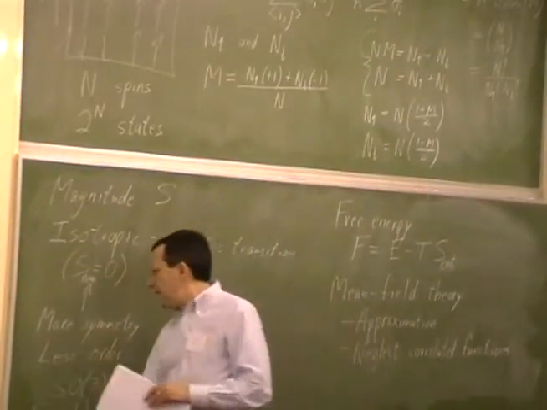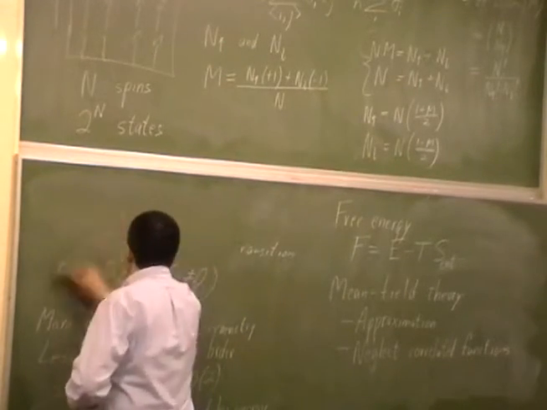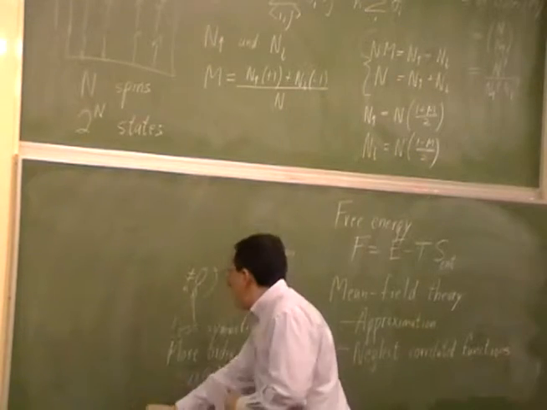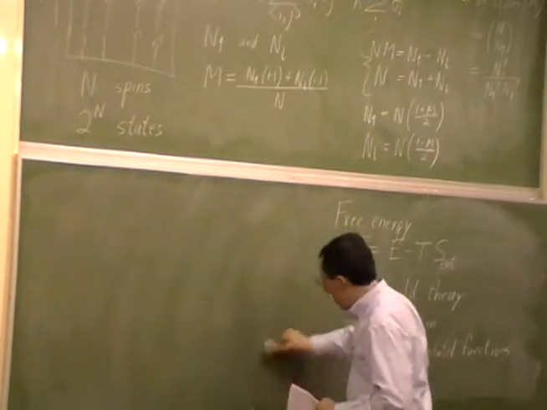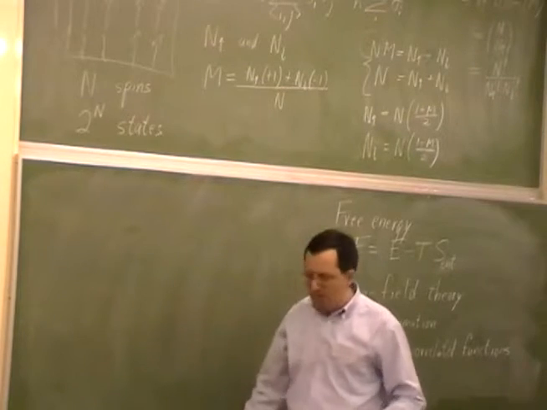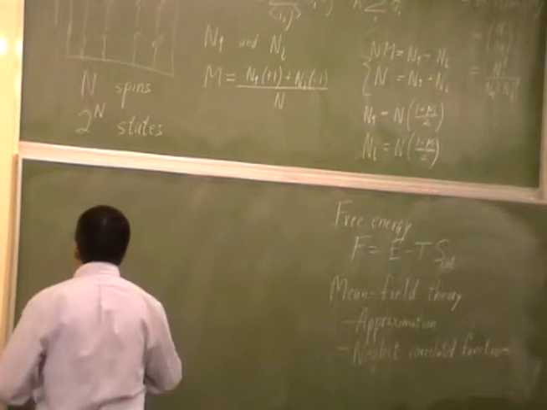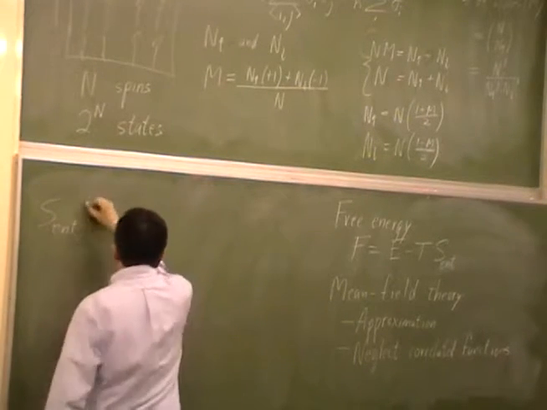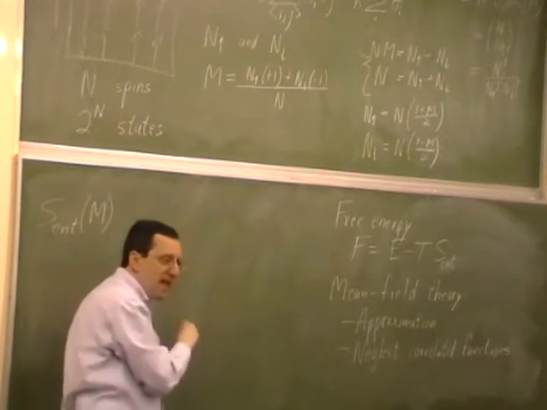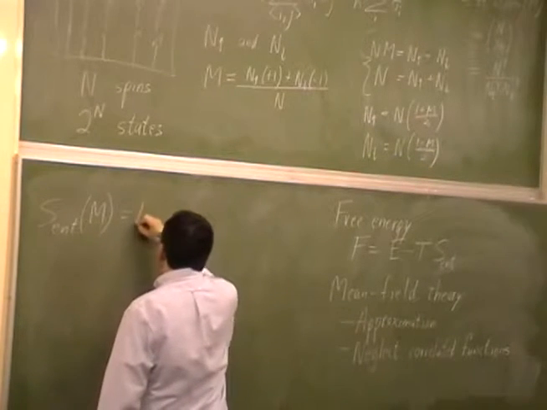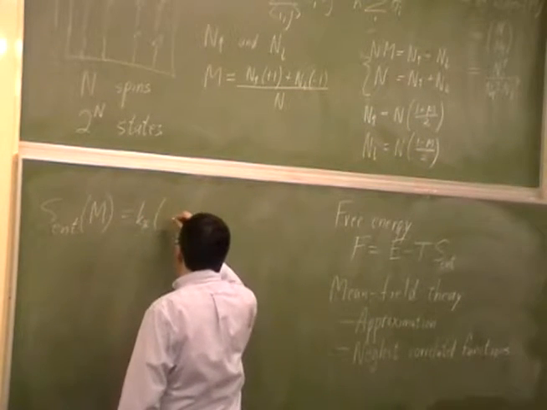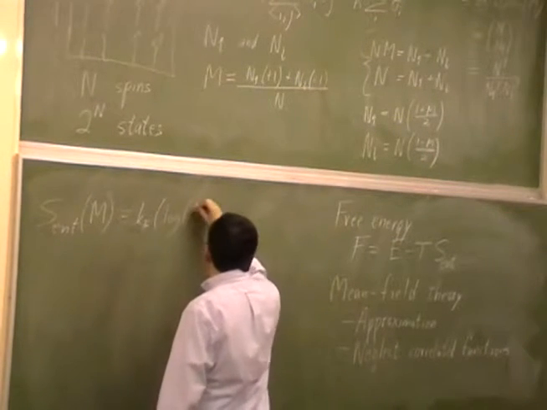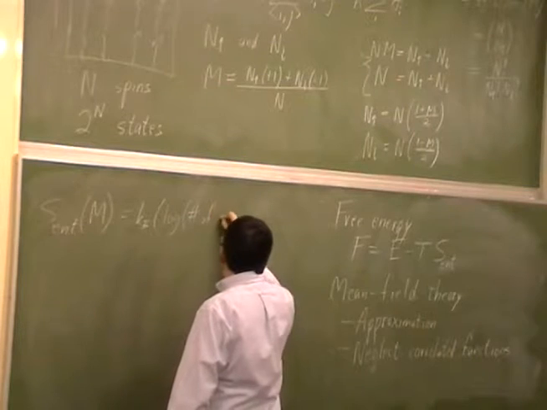you remember from statistical mechanics classes, the entropy is the log of the number of states, multiplied by Boltzmann's constant. Okay, so the entropy as a function of magnetization is Boltzmann's constant times the log of the number of states.